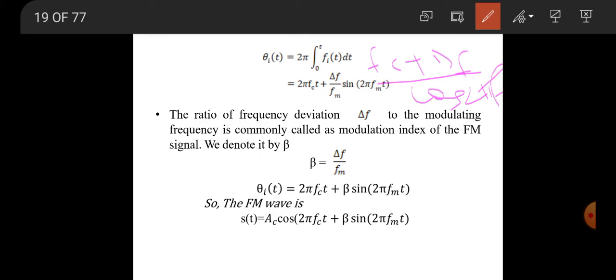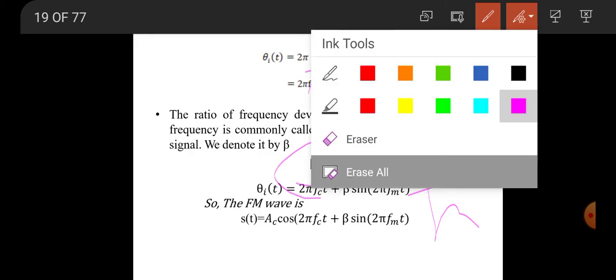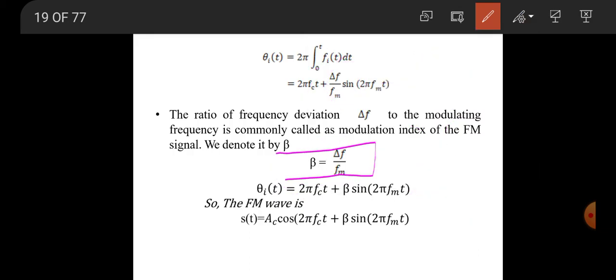So you will get del f by fm. This particular term is represented as beta equal to del f by fm. So finally theta i of t is represented as 2 pi fc t plus beta sin 2 pi fm t.